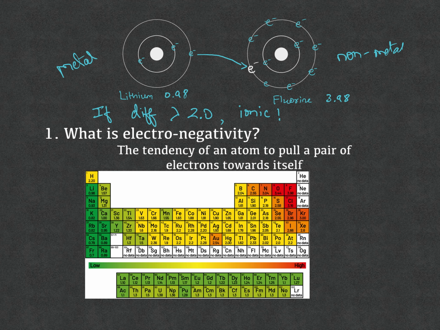On a periodic table that tells us the electronegativity values, you will notice that carbon is 2.55, hydrogen is 2.20. So let us go ahead and see. Oxygen is 3.44 and hydrogen is 2.20.